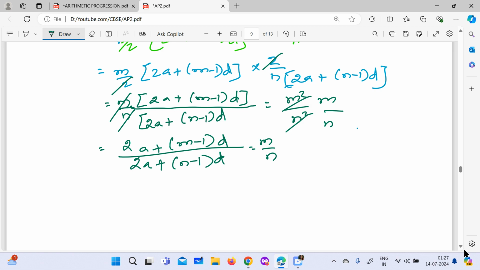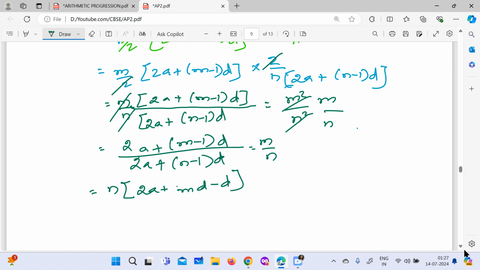Now we can cross multiply. So you have n times 2a plus m minus 1 times d, that will be md minus d.